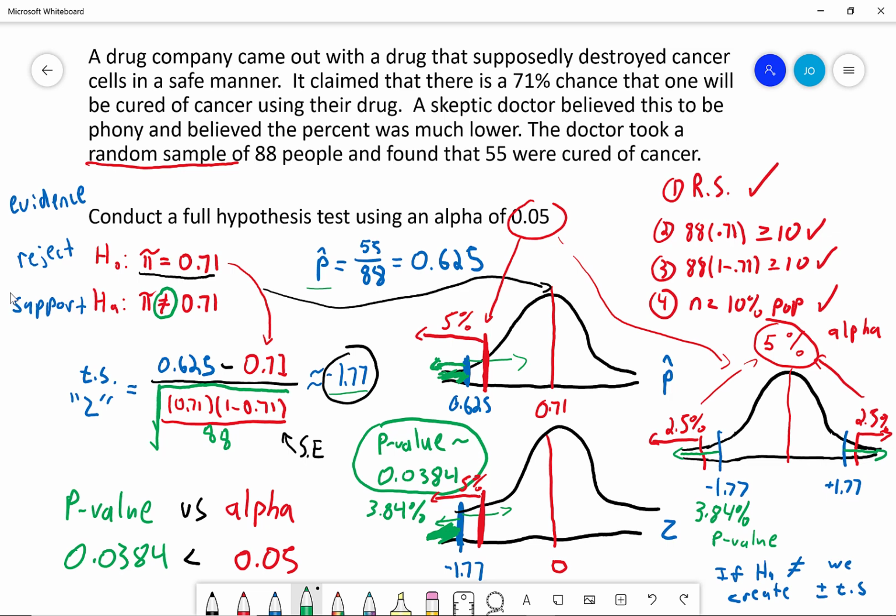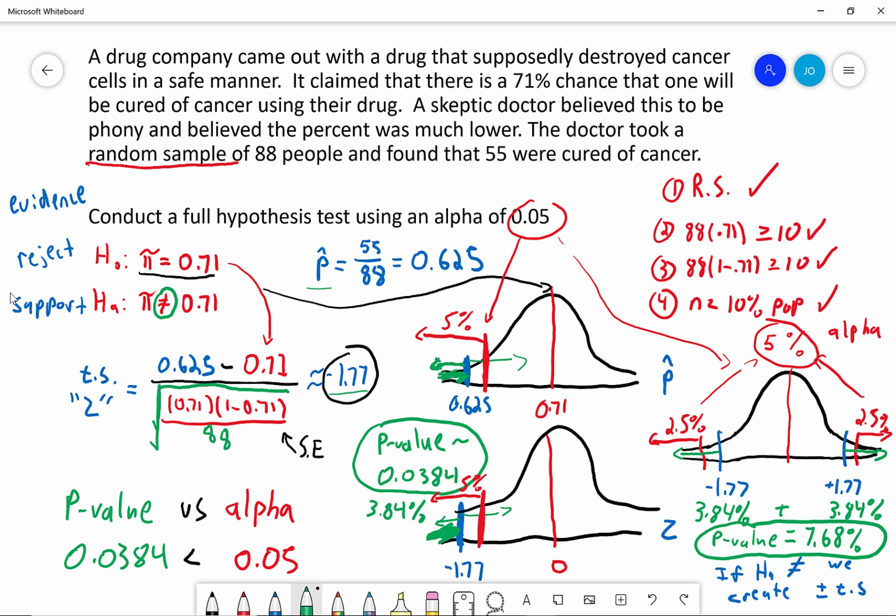We do this splitting up because we split up alpha into both sides of our graph, so it would only be fair to do this to our p-value. Since this is a symmetric distribution, everything going on the left would be exactly what's going on the right. Our p-value would be this collective area, which comes out to be 7.68%. This would be our collective p-value.